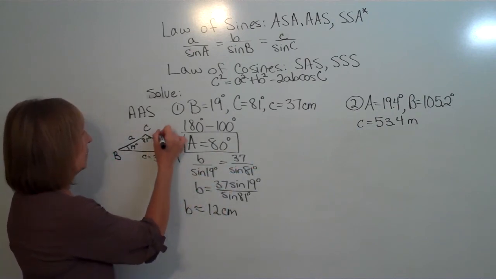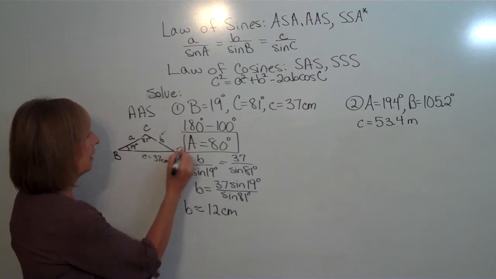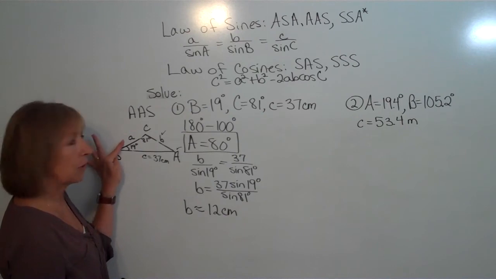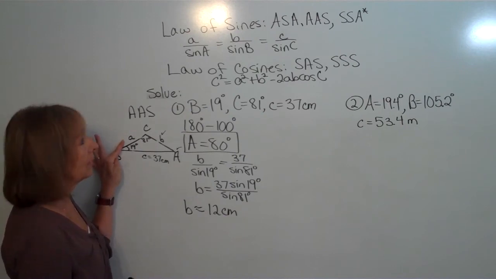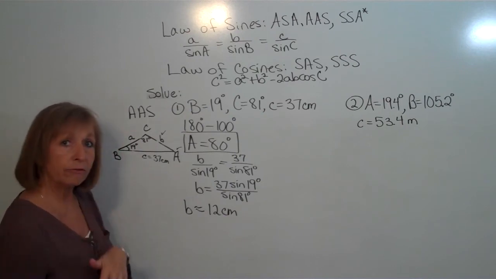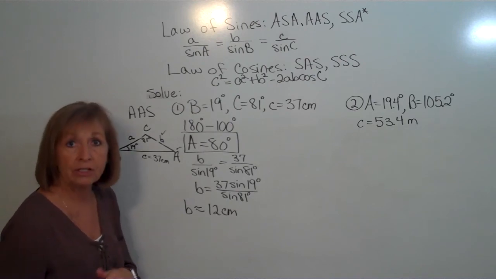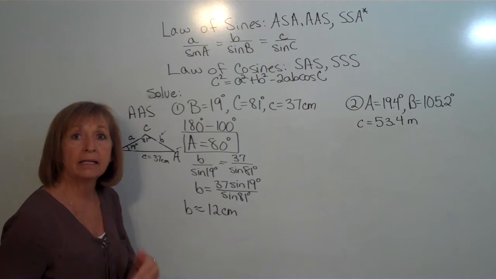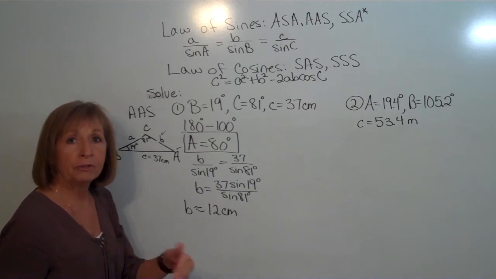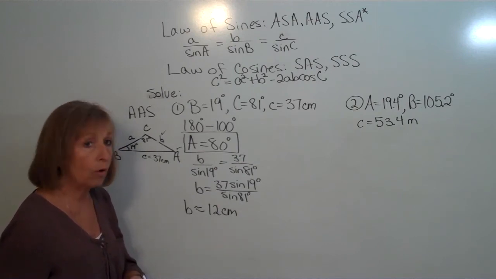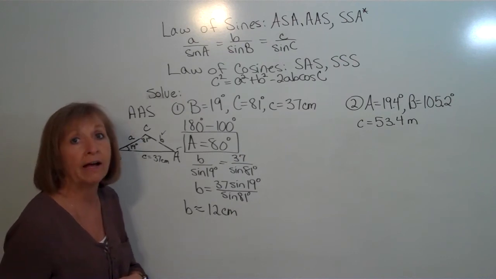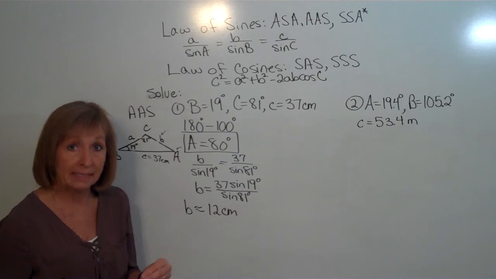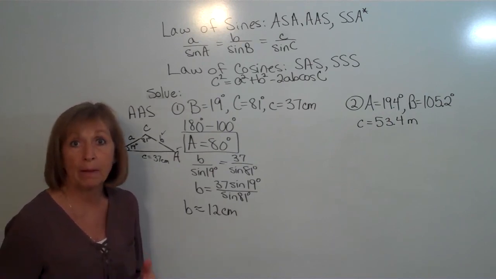Now that will give me b, and I also know angle A from what we did before. The only piece of information we don't know yet is side a. So we're going to go back to the full information that we're given. We should never use rounded values, if possible, in the calculation of new values. We should be using given values, or if we have to use something that we've already found, use it in further out decimal places than what you're going to need to round to, so you don't propagate the error.